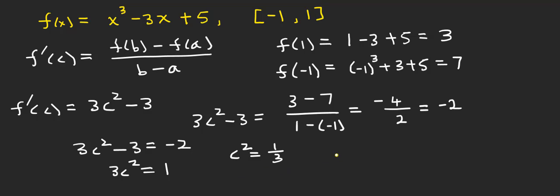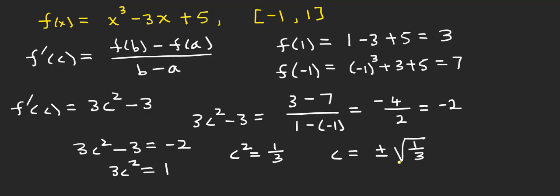Therefore, c is equal to positive or negative radical 1 over 3. Now, both positive and negative radical 1 over 3 are between negative 1 and 1.